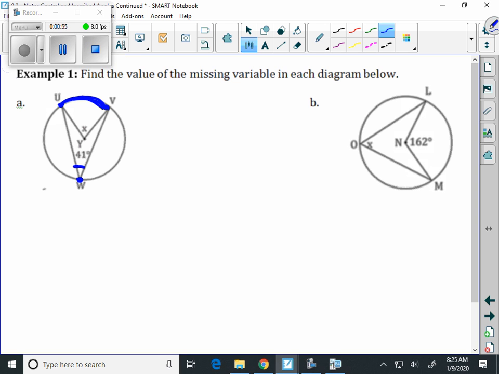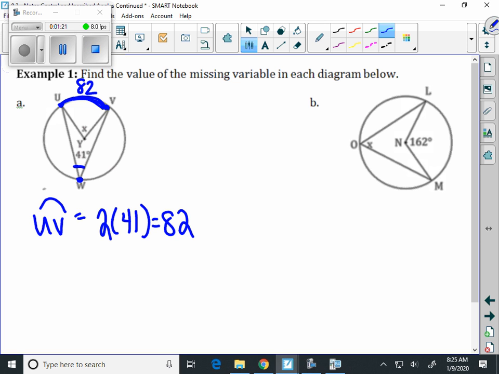And all that I say is, well, if 41 is half the measure of arc UV, then to figure out what arc UV equals, we have to double the 41. And when we double the 41, we get 82. And that's the measure of this arc right there.